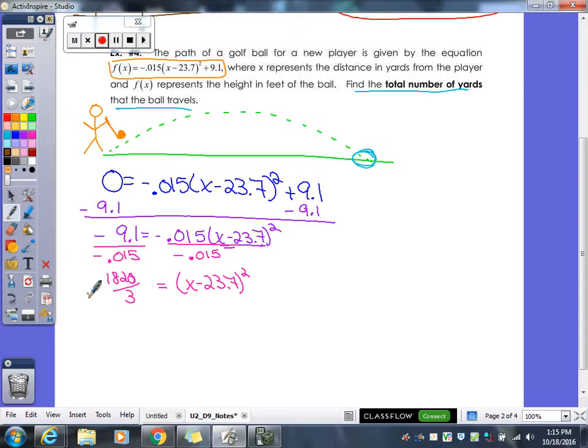When you did negative 9.1 divided by negative 0.015, you got 606.6. Then hit math, enter, enter, and it turns it into the fraction for you. Because it's a repeating decimal, the fraction form is what we refer to as the exact value, and that's what we want to use.